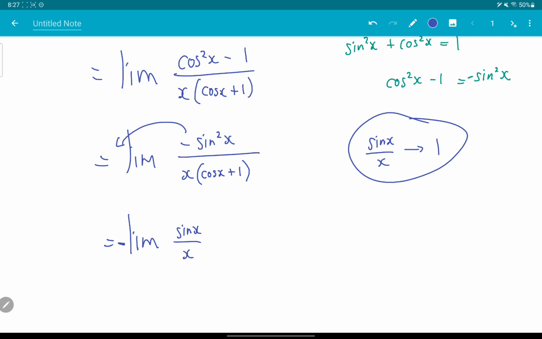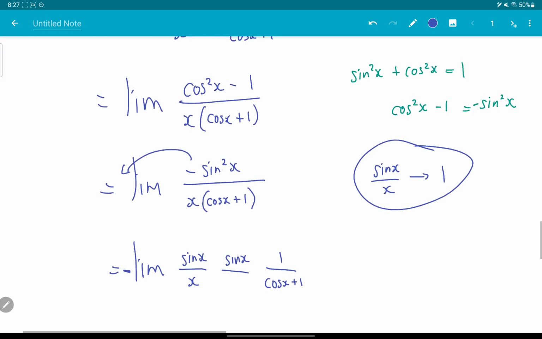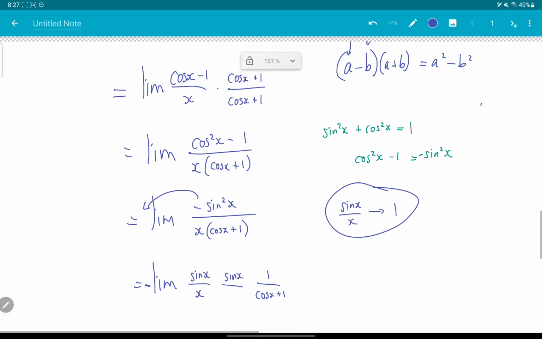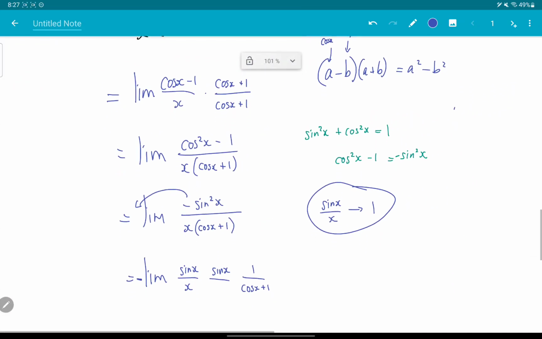And then I will have a sine x over something, and then I'm going to have 1 over cos x plus 1. Now, I think I made a typo somewhere. Where's my mistake here? Let's zoom out and find my mistake here.